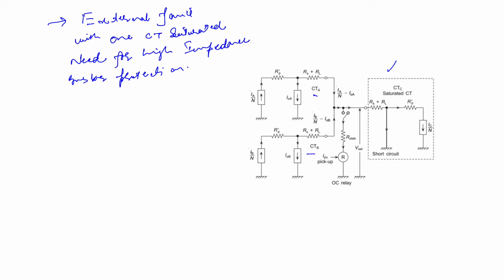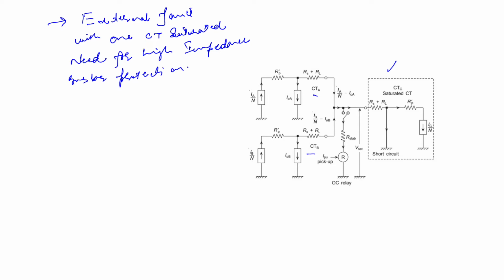One path is through the overcurrent relay, and the second path is through RS plus RL via the short representing the saturated CT magnetizing branch. The part of the fault current which flows through the overcurrent relay causes it to trip even though the fault is external.